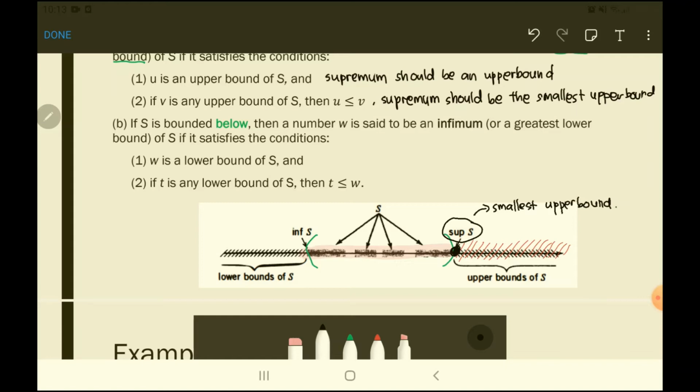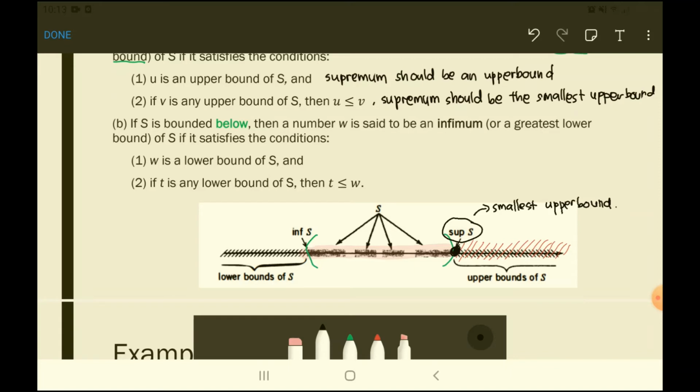The question is, should the supremum of S be an element of S? The answer is no. The supremum can be an element of the set and can also not be an element of the set. So it doesn't matter whether the supremum is inside the set or not.